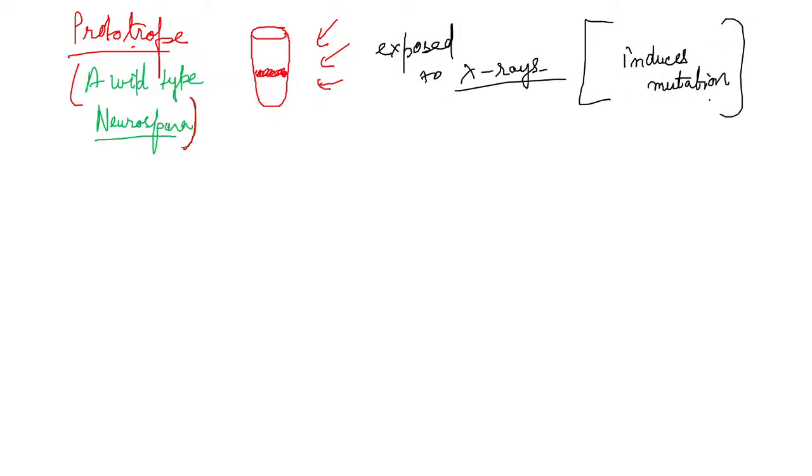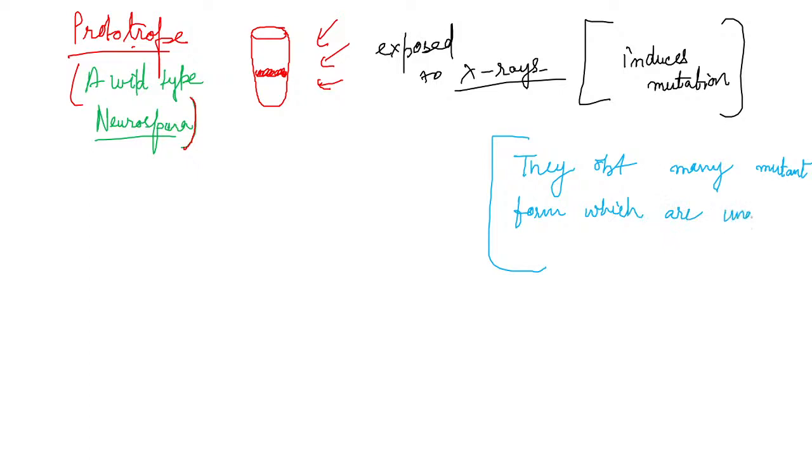So there was mutation in the wild type gene of Neurospora, and Beadle and Tatum obtained many mutant forms which are unable to grow in minimal medium.